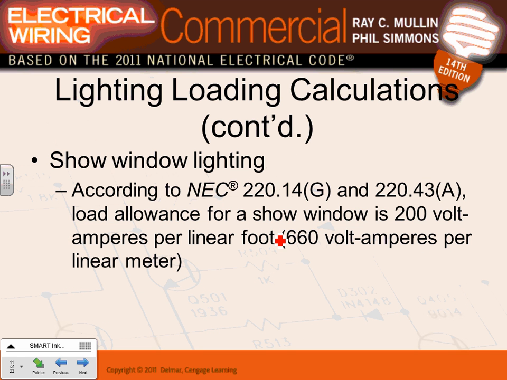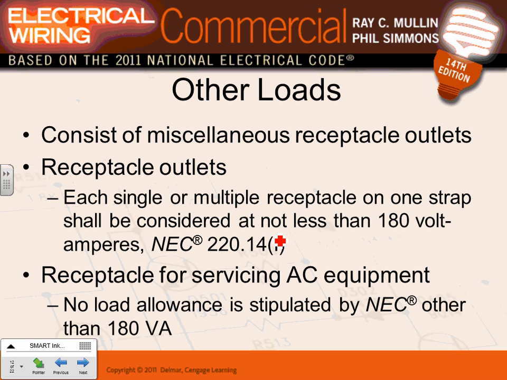We talked about the show window, per linear foot. For the show window, you're going to allocate this amount of volt-amps per linear foot. Receptacles. So that's the first thing that they talk about. I want to remind you, this is taking a project in the book, which has a drugstore. We have an insurance tenant and a bunch of others.